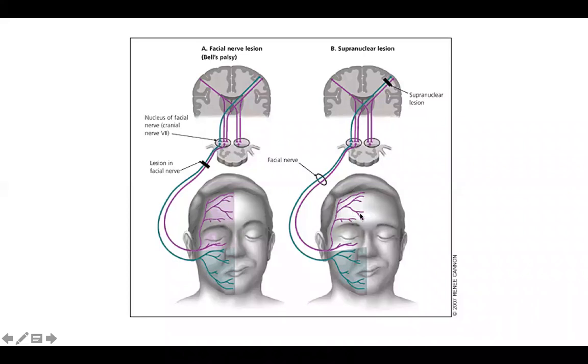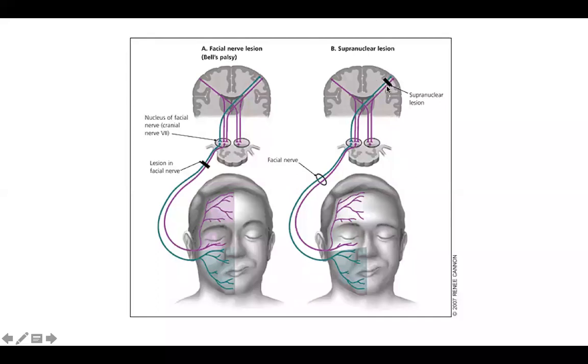So let's compare with the contralateral diagram. Now assume you're having stroke. Now we have two types of neurons. We have the upper motor neuron, the nucleus, and also the lower motor neuron. So we have three parts of this diagram. Now let's take an example when you are having a lesion in the upper part of the neuron.